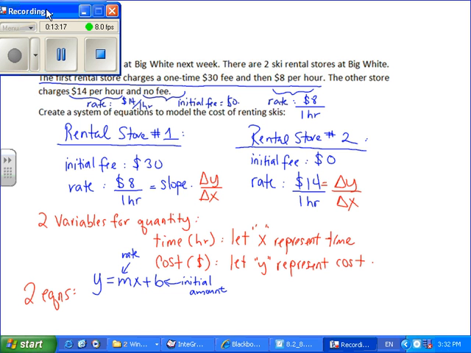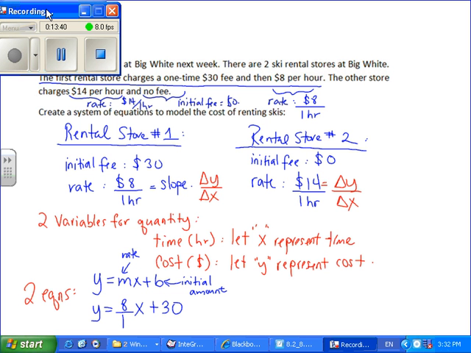So in this case, when time is 0, what would be the cost? So we start off with y. So cost is equal to the rate, which will be $8, or 8 over 1, times x, or times time in hours, plus the initial fee, which is 30. There's a linear equation for the first one.